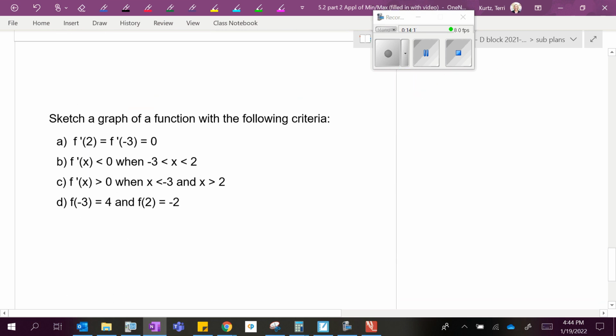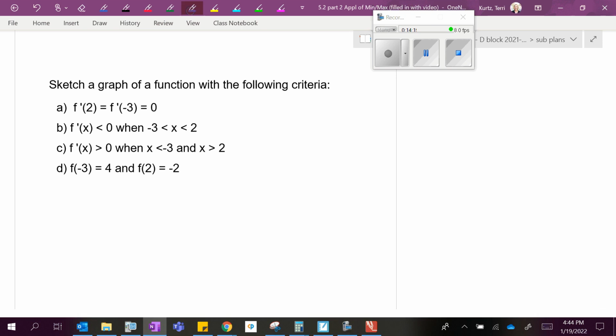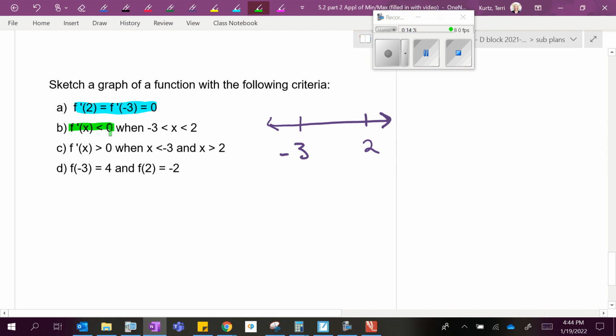Let's try another one. So again, we're not given an equation, but we're told that the derivative is 0 at 2 and at -3. We're told that the derivative is less than 0, or negative, when x is greater than -3 and less than 2.